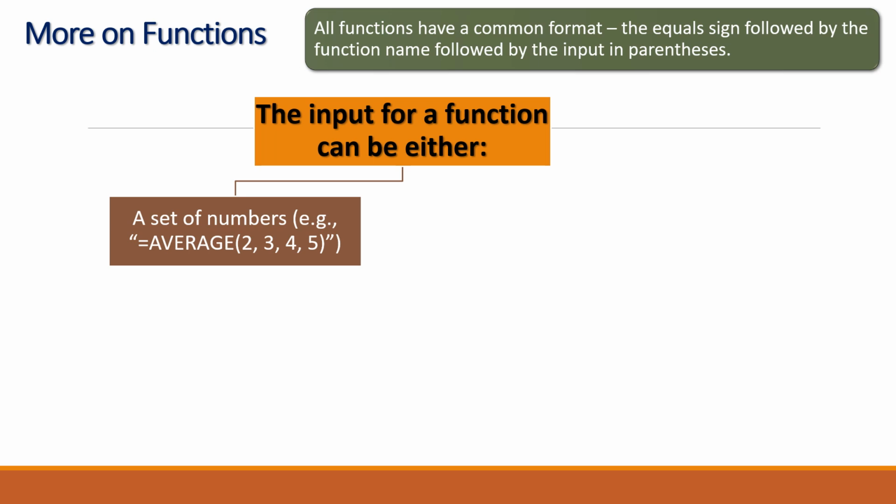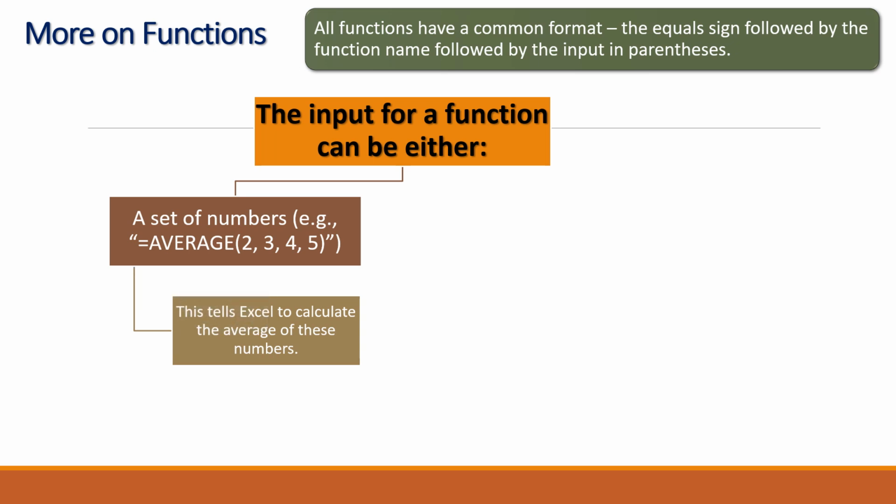For example, if we type equal to average bracket 1, 2, 3, 4, 5, the equal sign, the average is the function, while the numbers in parentheses are the input. By typing this into Excel, it tells Excel to calculate the average of these numbers.